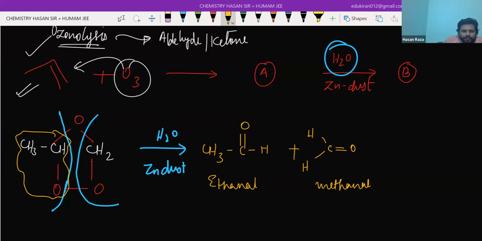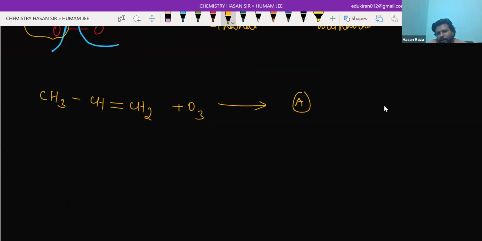Very good. See, now I'm going to explain it again with the help of an example. If you have a question given like this, with the same example, CH3, CH double bond CH2, and you react with O3, then you get A, and after this you react this with H2O in the presence of zinc dust.